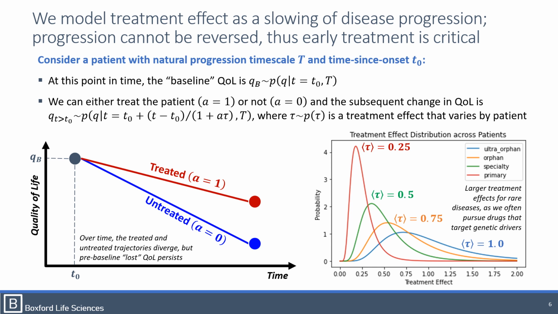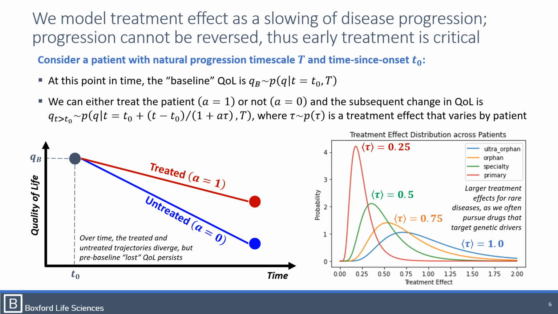If we have an untreated patient, they continue to progress just as they did in the natural disease evolution in the patient registry. If they're treated, effectively the treatment slows down the rate of progression according to a treatment effect tau, which again is going to be something that varies from patient to patient. So essentially by treating it, we have a patient that undergoes the same evolution of dysfunction over time. It's just everything happens more slowly.